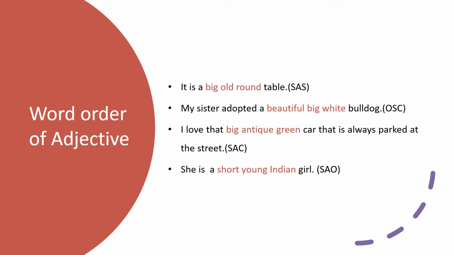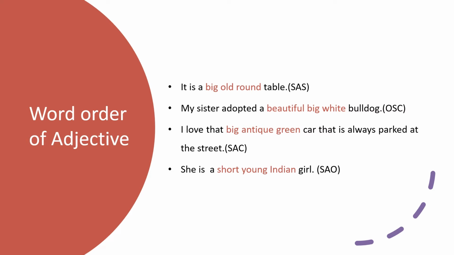In the next example, I love that big antique green car that is always parked at the street. You can see the formula which has been used is SAC. So S stands for size, A for age and C for color. Big, antique, green are size, age and color respectively.